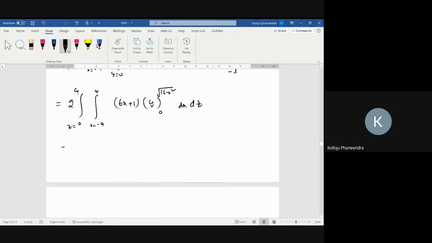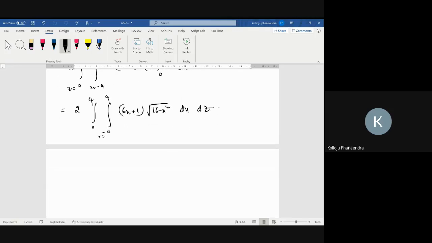That is equal to 2 into integral 0 to 4, integral minus 4 to 4, these are x limits, 6x plus 1 into root of 16 minus x square dx dz. Okay. Then what is the next one?